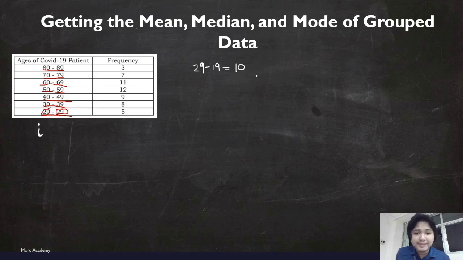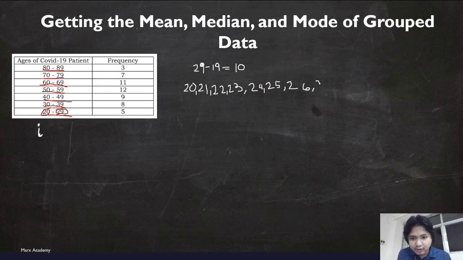The reason is that if you count from 20 to 29, we have to include the 20, then 21, 22, 23, 24, 25, 26, 27, 28, and 29.